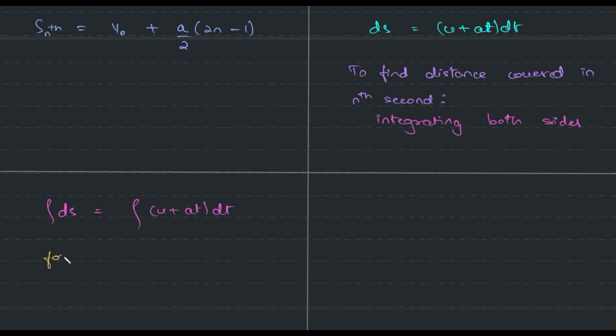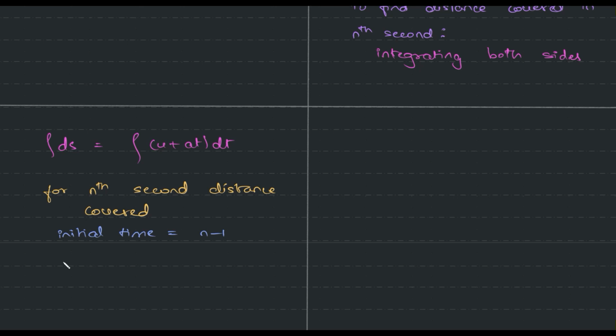So for nth second, distance covered, initial time will be equal to n minus 1, and final time is equal to n.